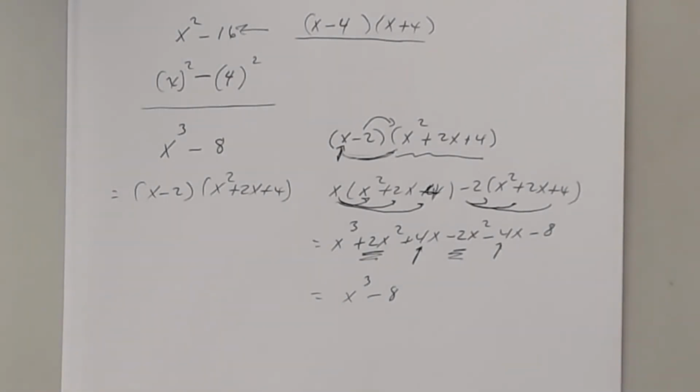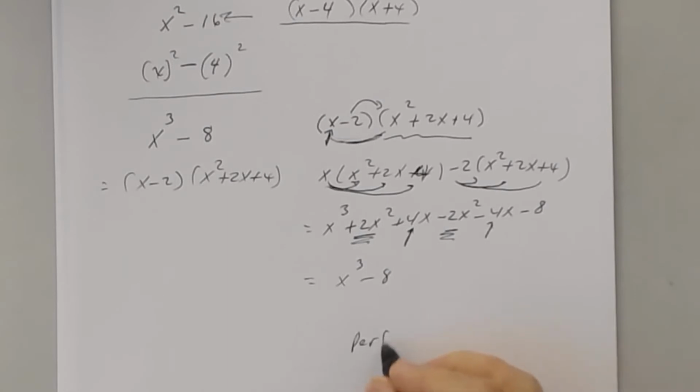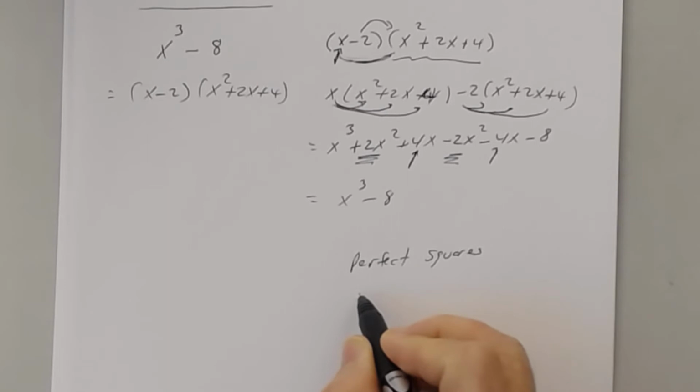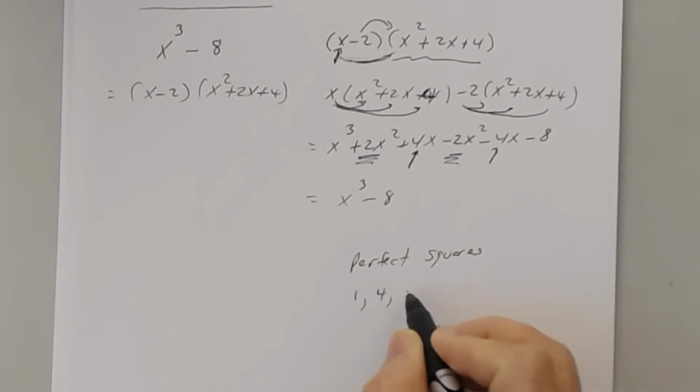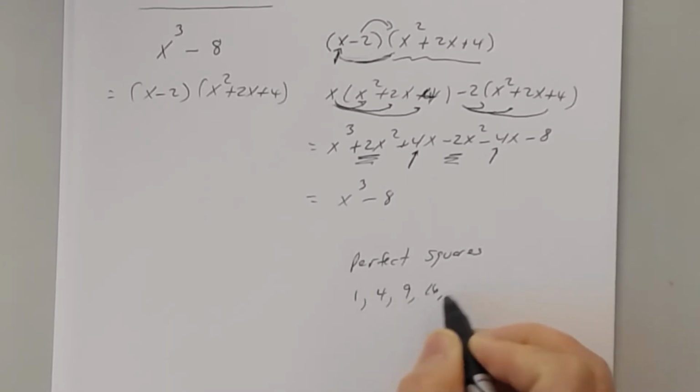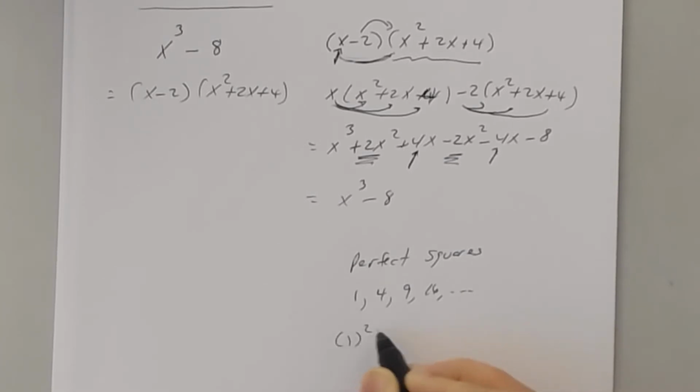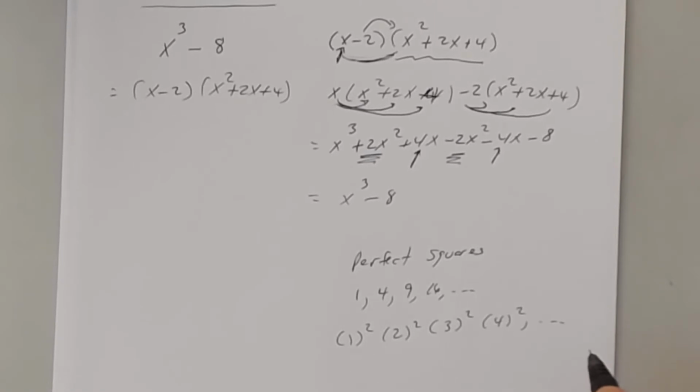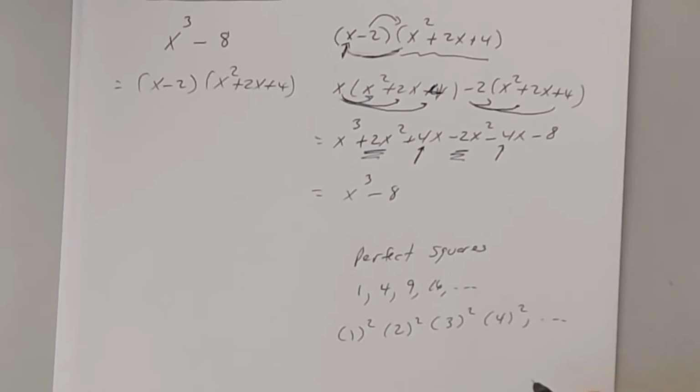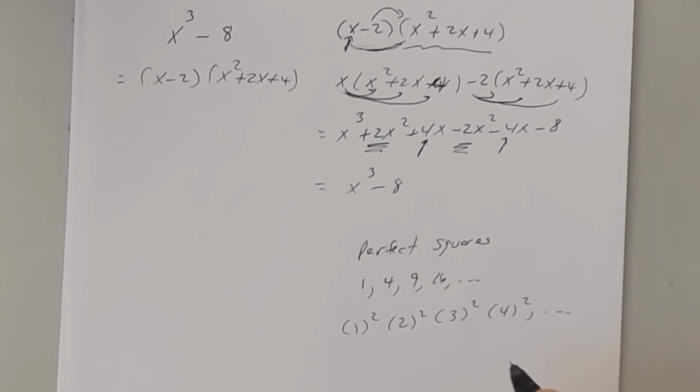All right, well, here's the idea. In the previous lesson, we talked about the difference of two squares, and we talked about perfect squares. What's the first one? 1. Next? 4. 9. 16, and so on, right? Because 1 squared is 1, 2 squared is 4, 3 squared is 9, 4 squared is 16, and so on. But there's also something called perfect cubes.